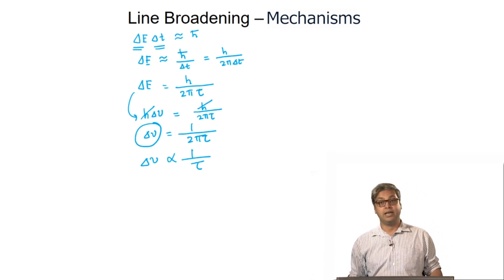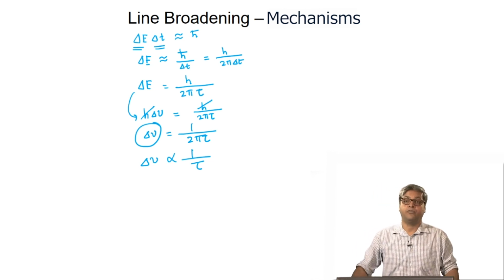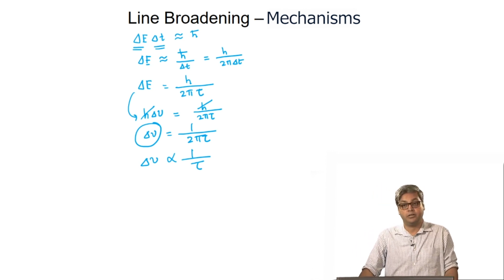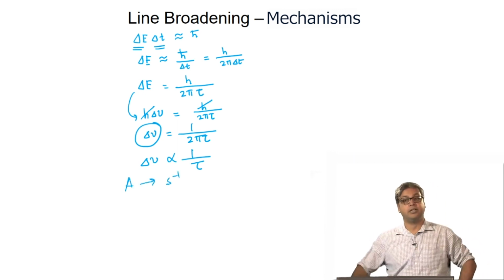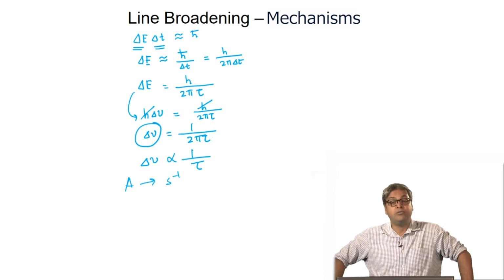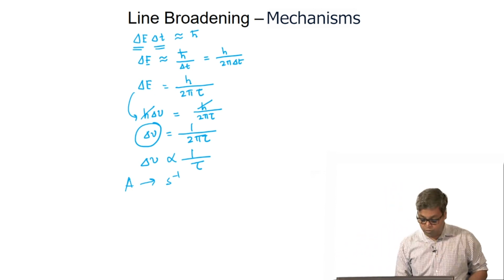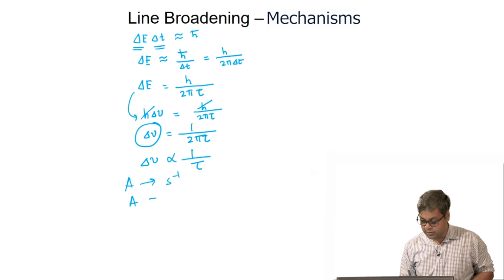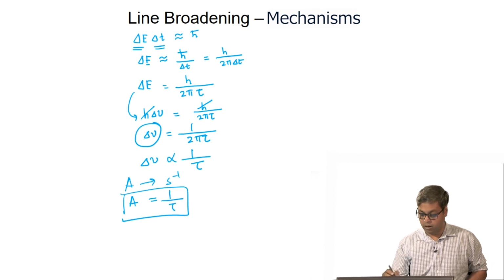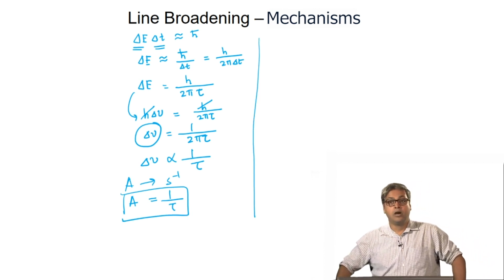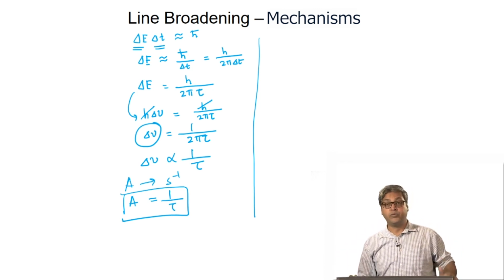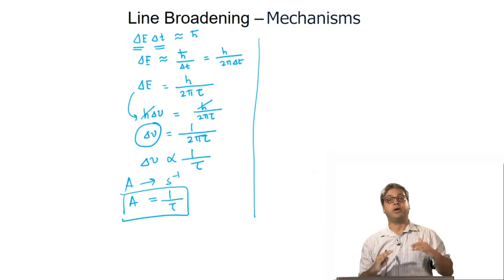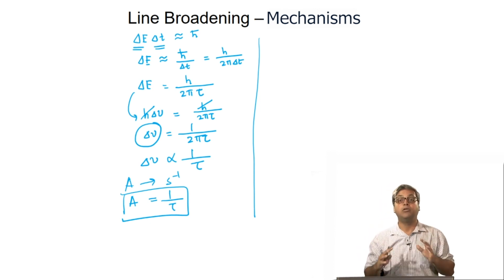We have discussed that A is Einstein's coefficient for spontaneous emission. The unit of A is second inverse, that is inverse of the unit of time. It can be shown that A is equal to 1 by lifetime or 1 by tau. Moreover, lifetime can be affected by interactions between the quantum state and the surrounding particles, that is collisions.